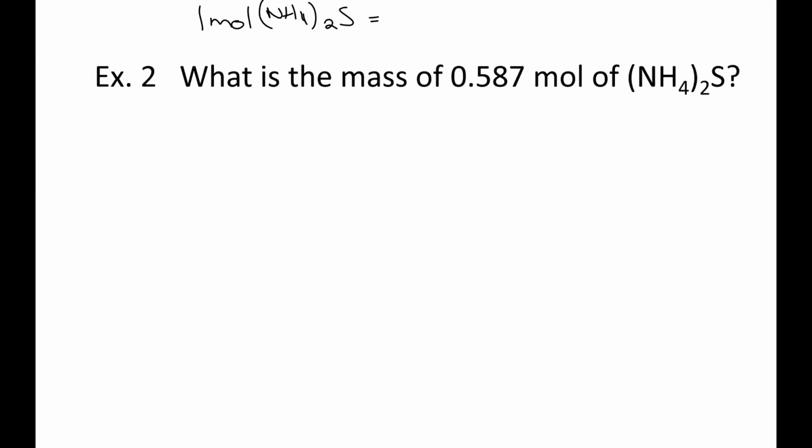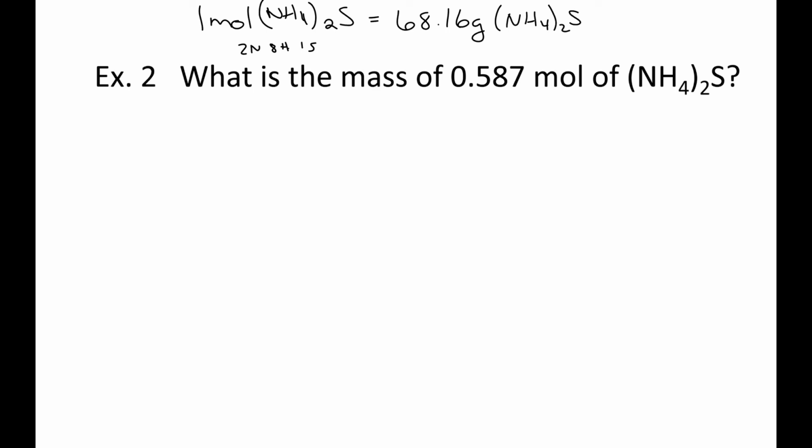So when you calculate the molar mass, it's, of course, 2 N's, 8 H's, and 1 S. When you add that up, you get 68.16 grams of (NH4)2S, ammonium sulfide.